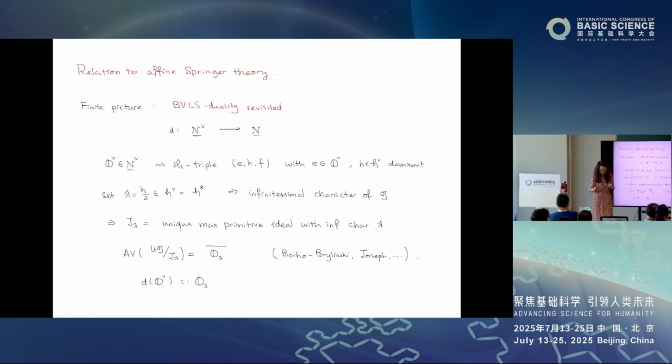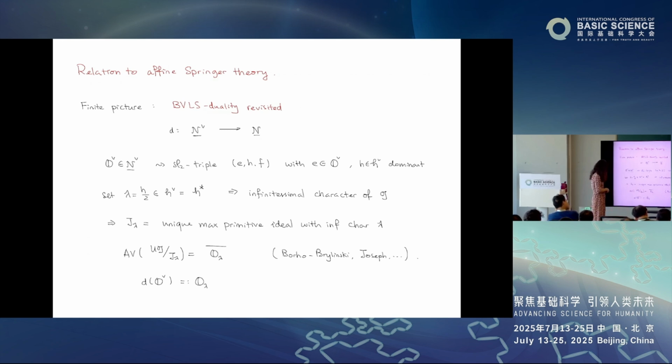You take simple modules and take their annihilator in the enveloping algebra. These are primitive ideals. Given the infinitesimal character lambda, you have several primitive ideals attached to this central character, but there's a unique maximal one among them, and this is denoted by J_lambda. And it is a result of a combination of many people, Borho, Brylinski, Joseph, maybe other people, that the associated variety of this is the closure of some nilpotent orbit, which I denote by O_lambda.